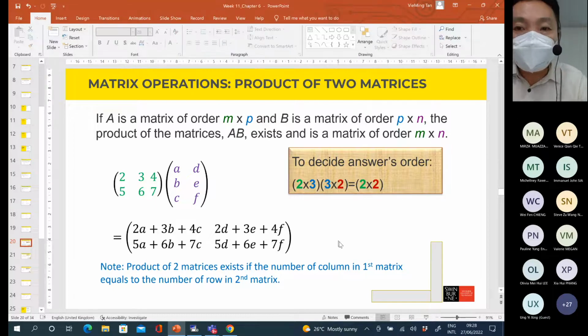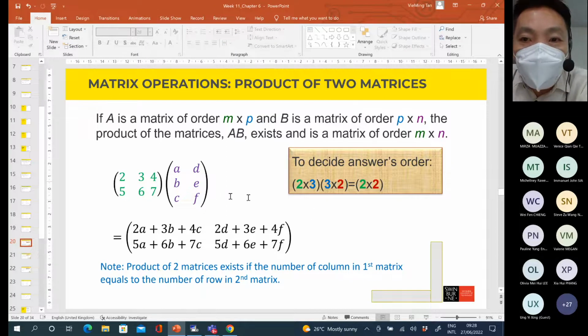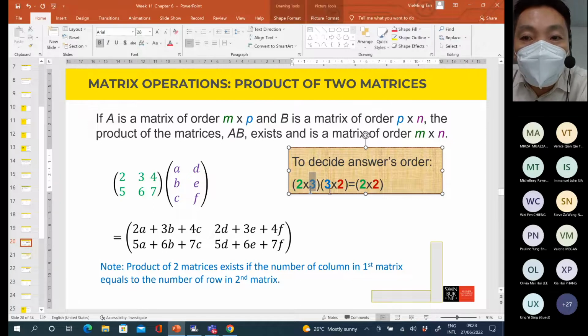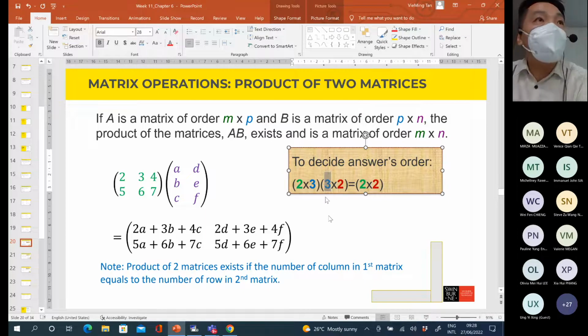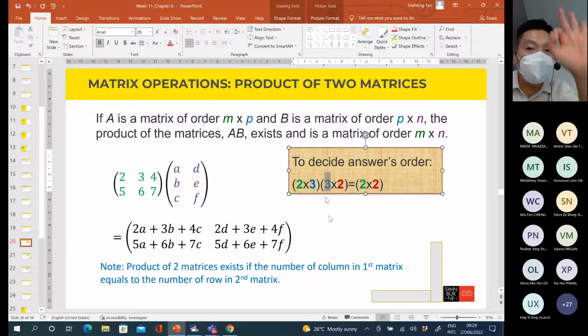Now we check. If you compare A and B, the number of columns in matrix A is exactly equal to the number of rows in matrix B, right? Same, 3 and 3. If that's the case, that means we can multiply these two matrices together, because the number of columns in the first matrix is 3, which is equal to the number of rows in the second matrix, which is also 3.